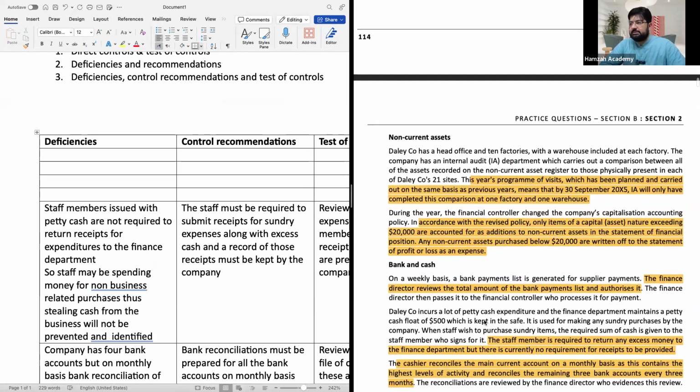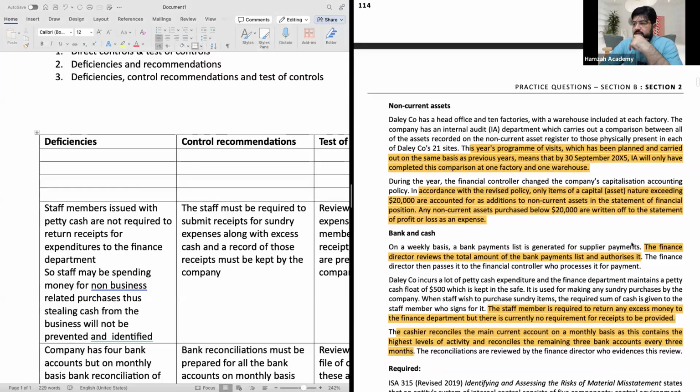The next point is the finance director reviews the total amount of payments to the suppliers and authorizes it. He is not looking at the details of the payment.